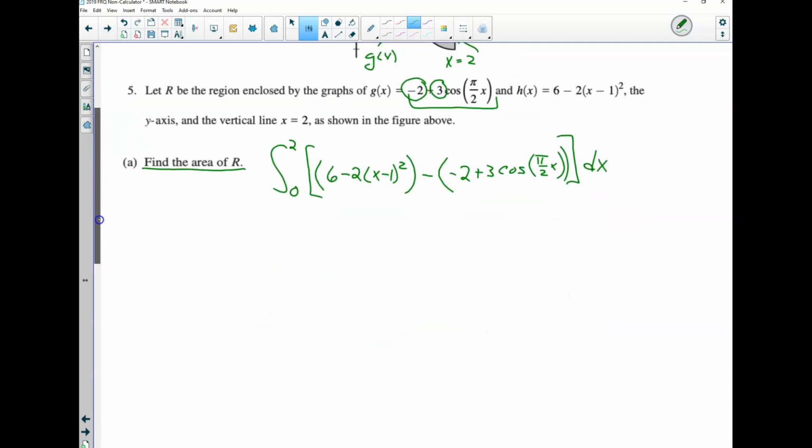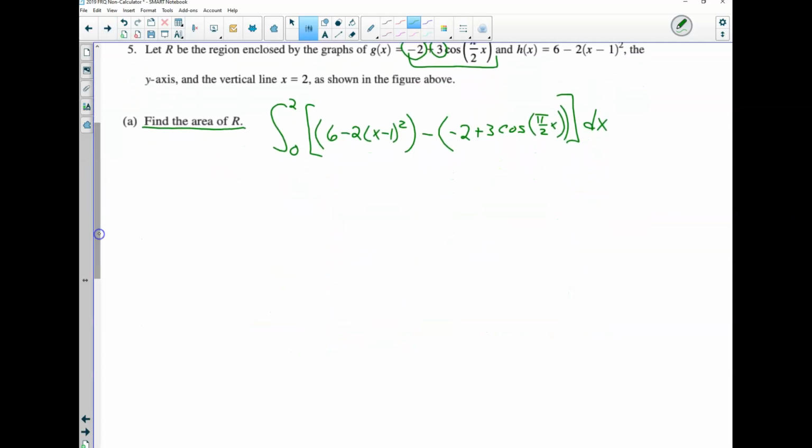Now, from here, personal preference, I would take my integral from 0 to 2, and I'd say it's 6 minus 2, x minus 1 squared, plus 2 minus 3 cosine pi over 2x dx, so that I can put my 6 and my 2 together.